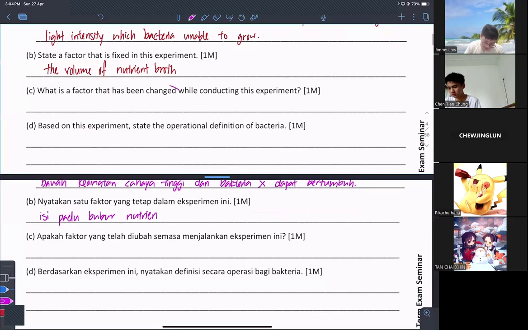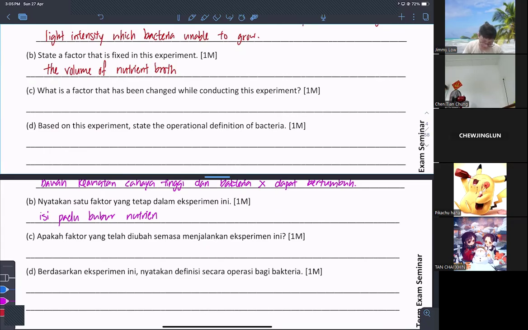So factor that has been changed. If I write test tube only, cannot. As I say, if you just write nutrient broth, also cannot. You must make sure you have the word to describe it. The volume, the size. You have to describe it. You cannot be like test tube, cannot be like nutrient broth. Try to make it complete.